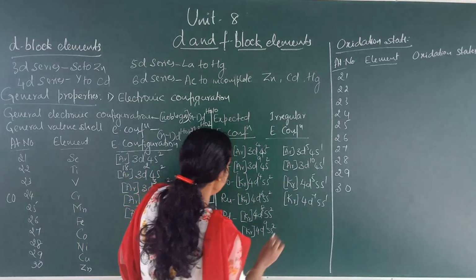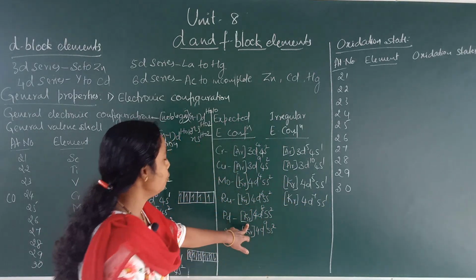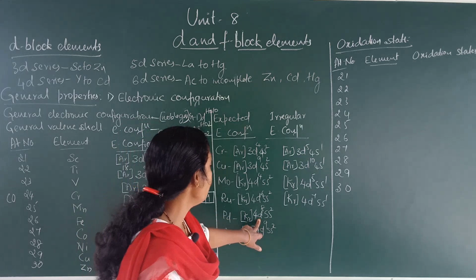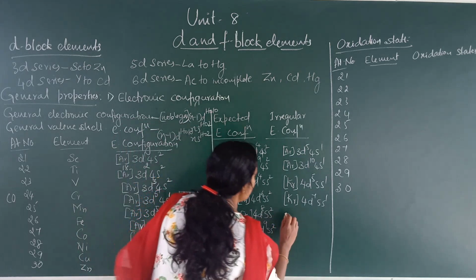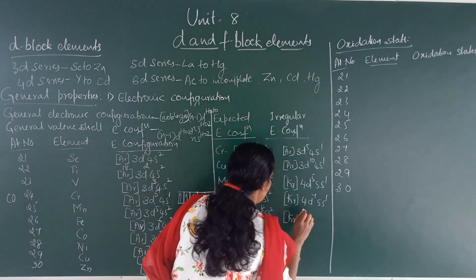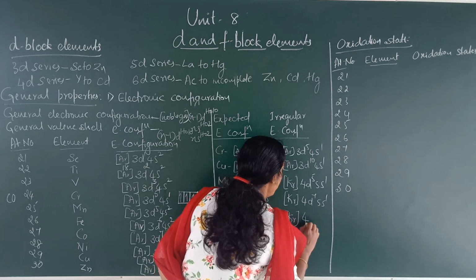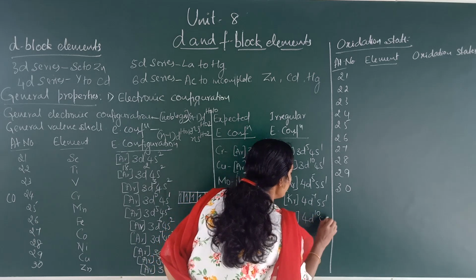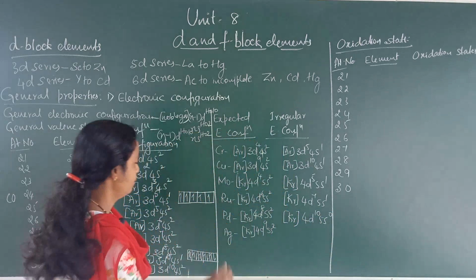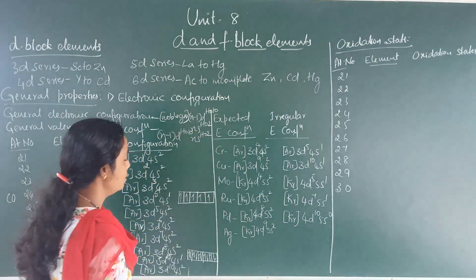Next, palladium, the expected electronic configuration is krypton 4d8 5s2, but the actual electronic configuration is krypton 4d10 5s0. Next, silver.